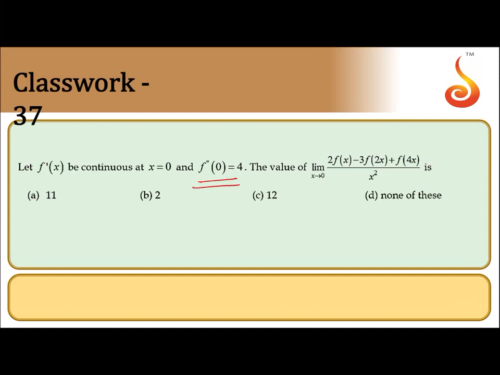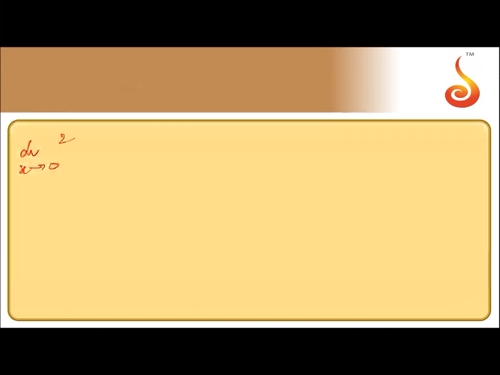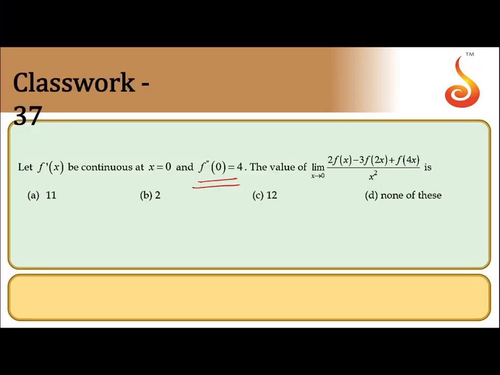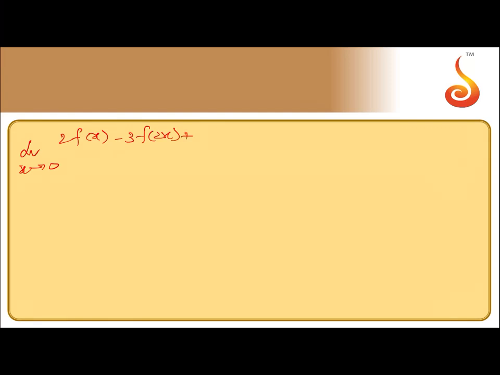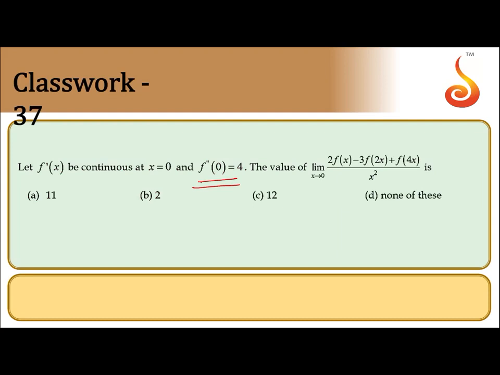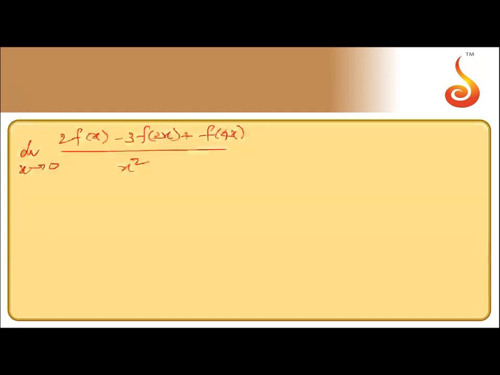The limit as x tends to 0 of 2 times f of x minus 3 times f of 2x plus f of 4x, divided by x square. Of course, we have f double dash of 0 equal to 4, and f dash is a continuous function.